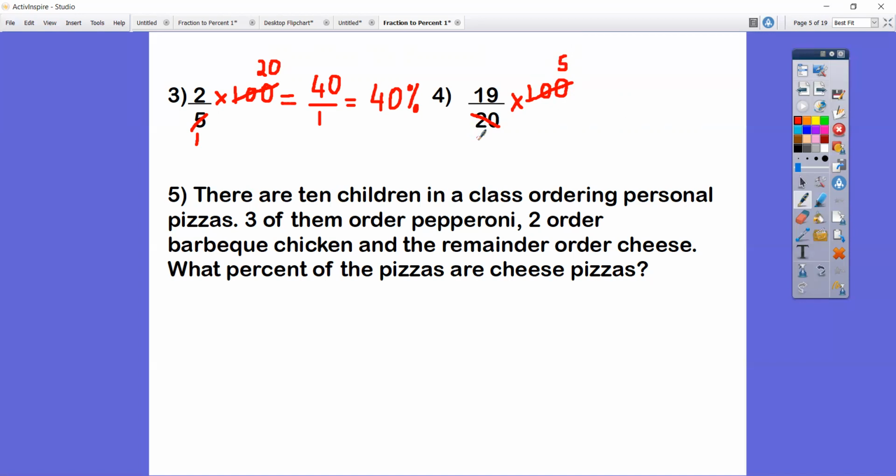And well, 20 divided by 20 is 1. Now that's step 2 completed. Step 3, the last step, 19 times 5. Well, you could go on ahead, come down here, set that up so that you can get your answer. Did you get 95? If you did, you were correct.